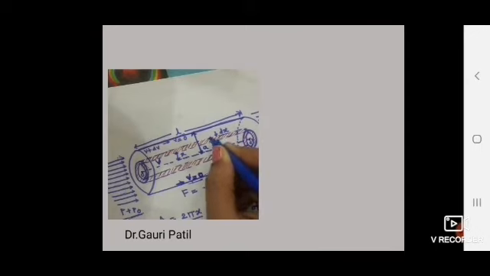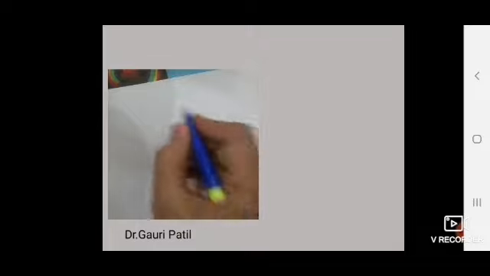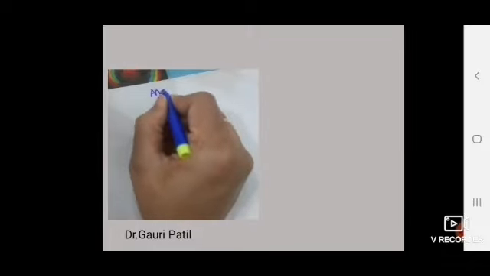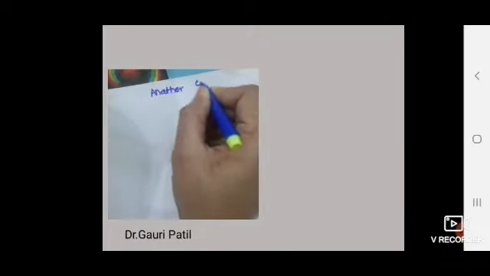So another cylinder with radius x plus dx, and the cross-sectional area between the two shells is 2 pi x dx.